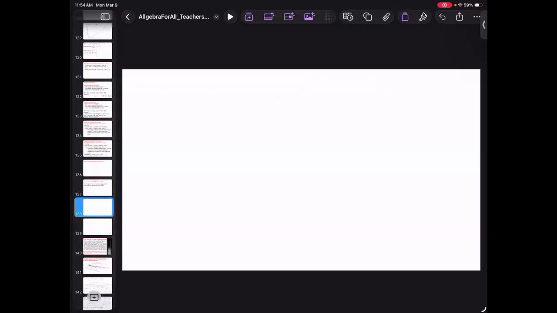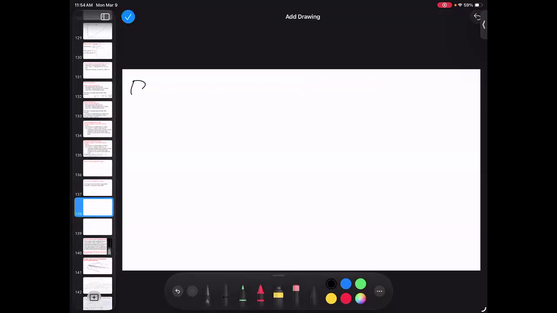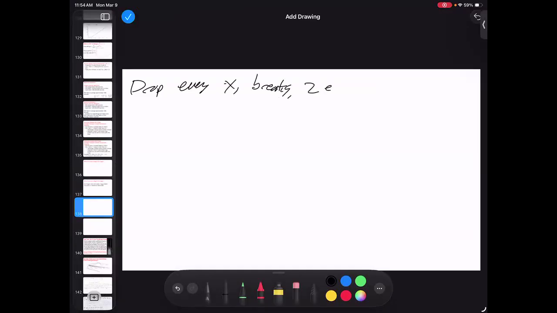So I drop it every x. So drop every x breaks. It's the 2-egg problem with x minus 1 floors, right? Does everybody agree?